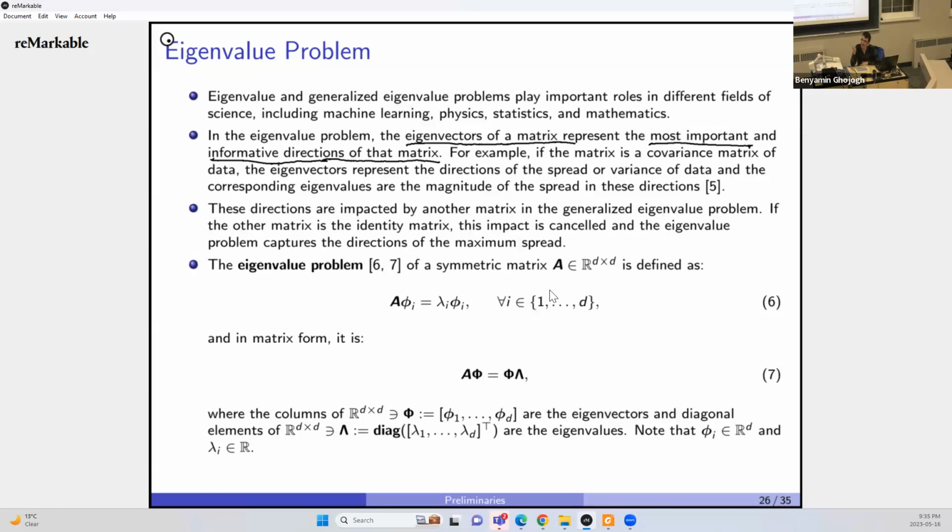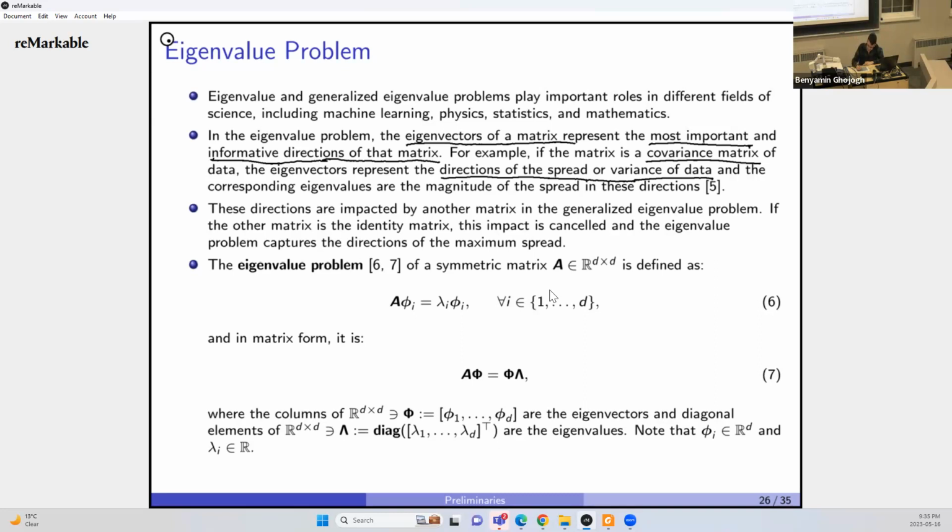An example for you to understand what I mean. If the matrix is a covariance matrix, what are the most informative and important directions of the covariance matrix? The directions of the spread of data, or variance of data, because the covariance matrix is capturing the variance of data.